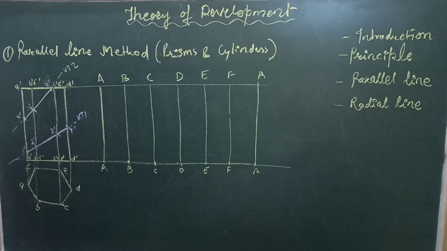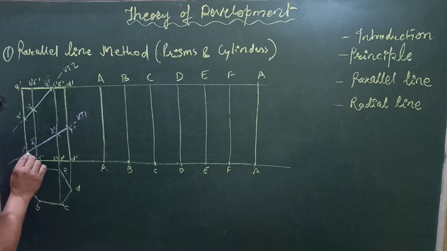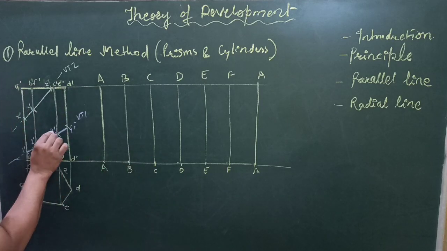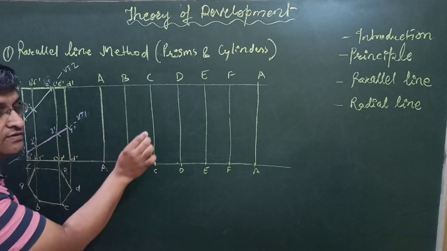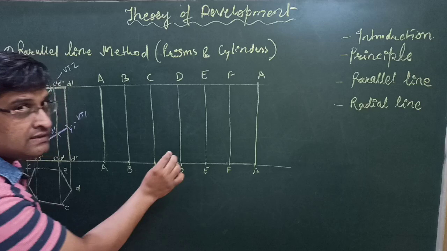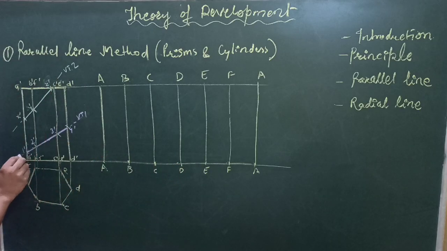Now we will be talking about the cutting planes. Let us take this cutting plane initially. Here we have 1, 2, 3 and 4. You have to draw lines from all these cutting points parallel to the XY line, and these parallel lines will cut the respective vertical lines of the cutting points.